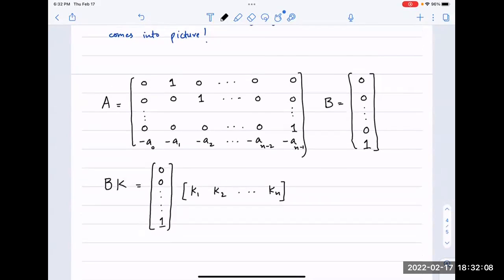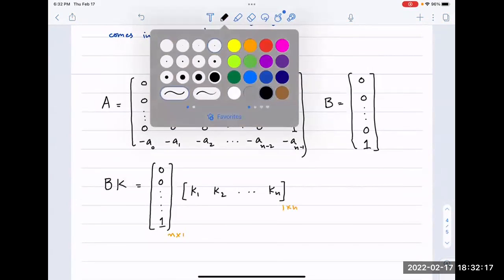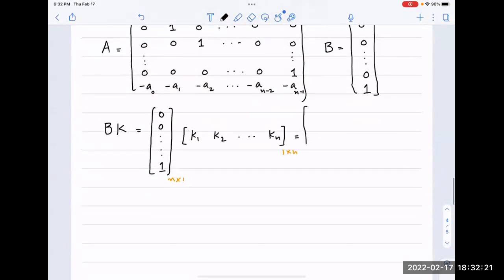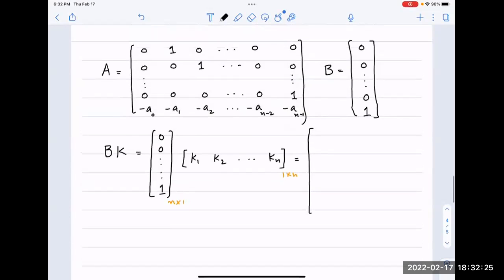This is n cross 1 times 1 cross n, so the result is going to be an n cross n matrix. You will have all the rows be 0, except the last one.